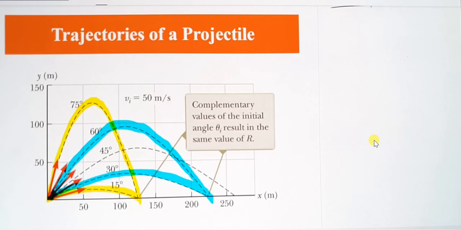They are the same at angle 45. But other than that, they are different. Because the distance traveled will be the same, however, the time of travel will be different, and the height of travel will be different.